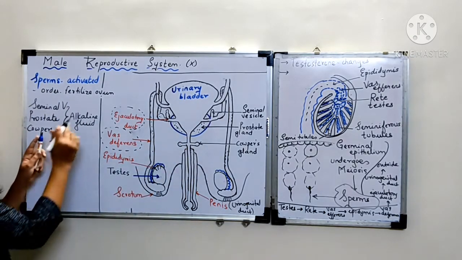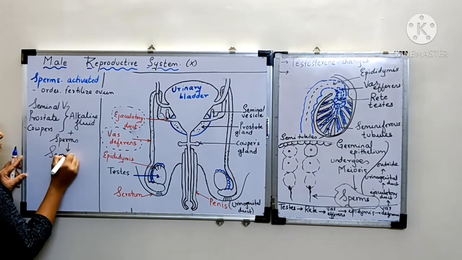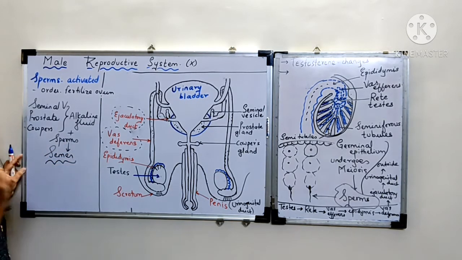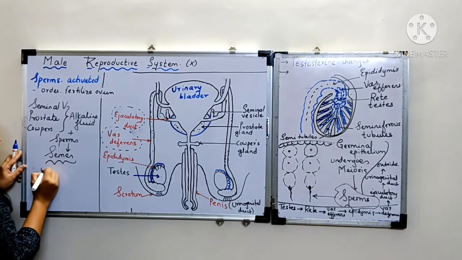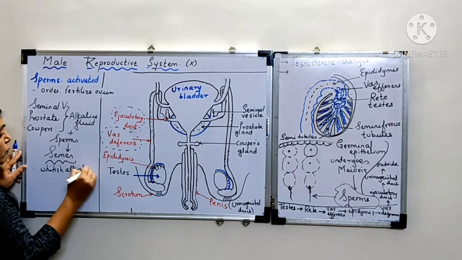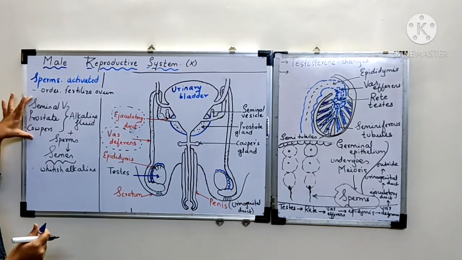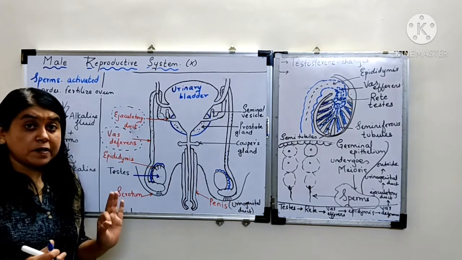So sperms and alkaline fluid together form the semen. Semen is the whitish colored alkaline fluid which contains the secretion of these glands as well as the sperms.